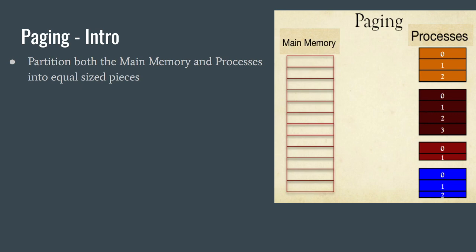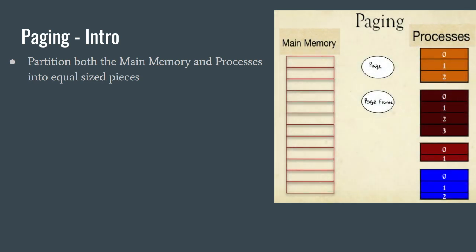Could you just click one more time, Chris? Yeah, there you go. So the process partitions, those little colored tables, that we'll get to later. But a page is a partition of a process, and the page frame is the partition of memory. So just that little distinction there.